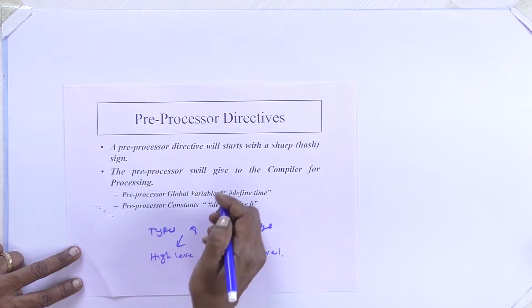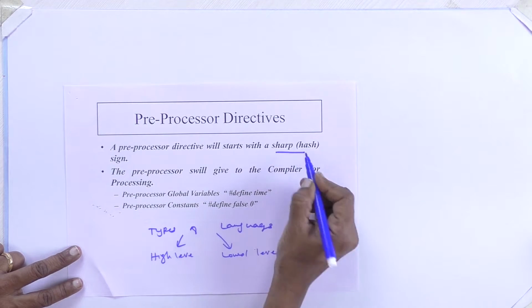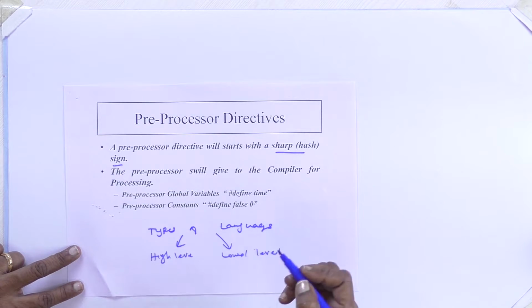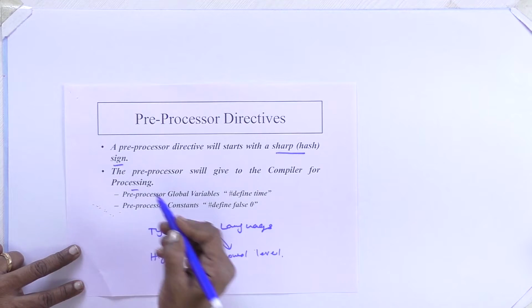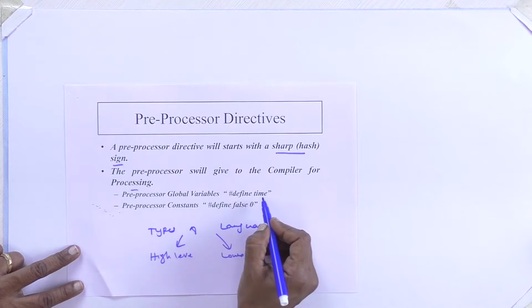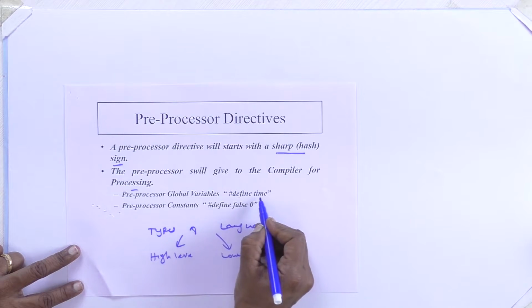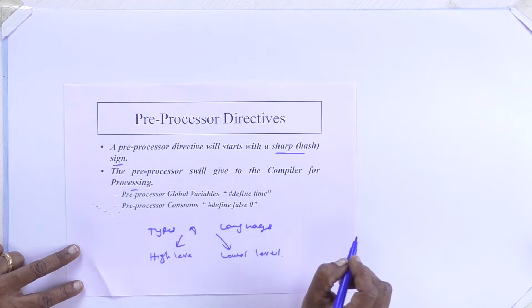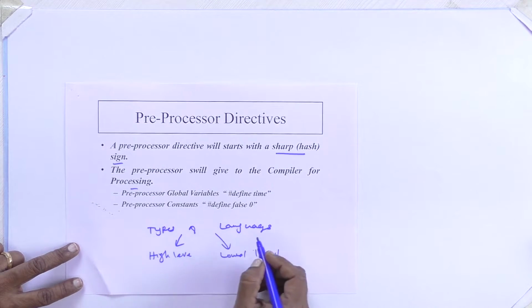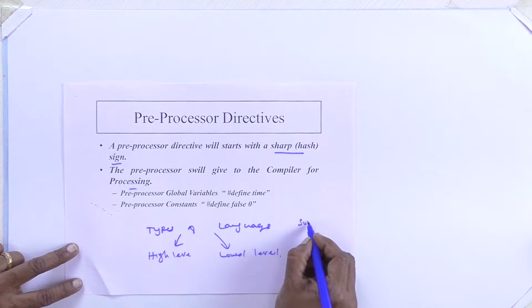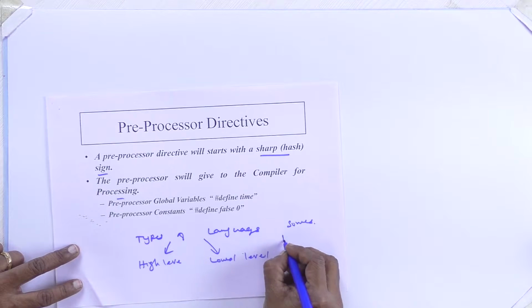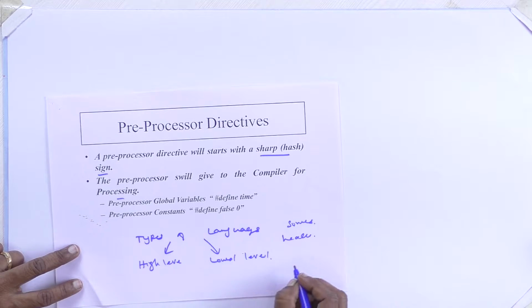A preprocessor directive will start with the hash sign. The preprocessor will give the compiler inputs for preprocessing. So the preprocessor global variables start with hash define. Preprocessor constants can be .const. Then we went to source files and header files. The header files will end with .h.